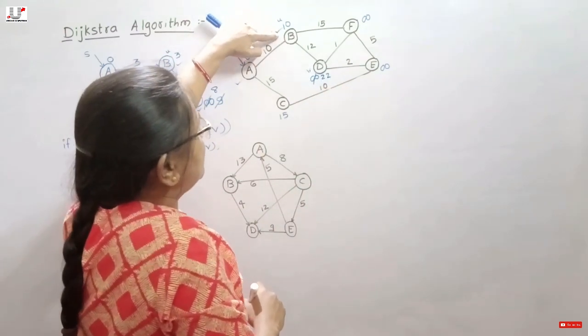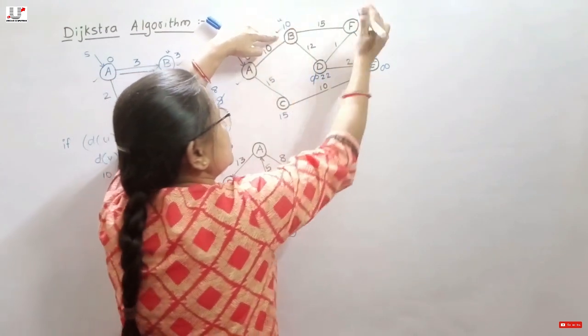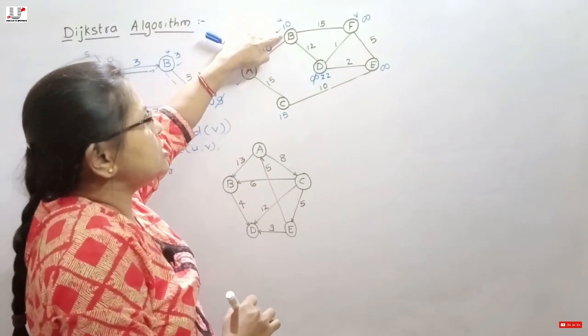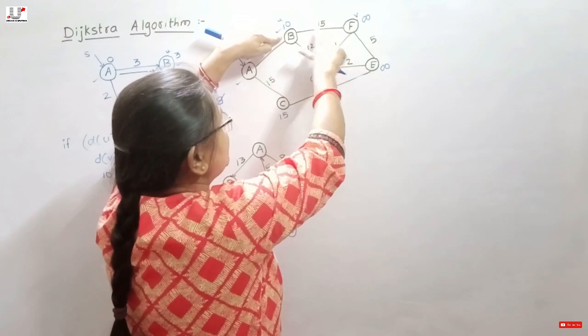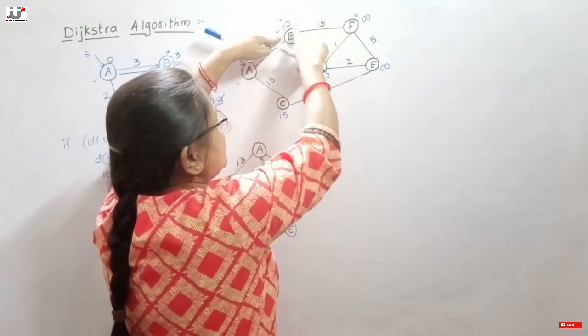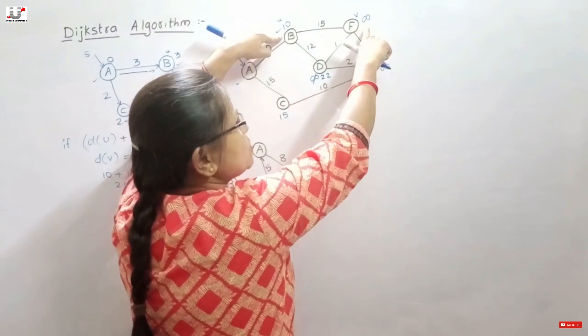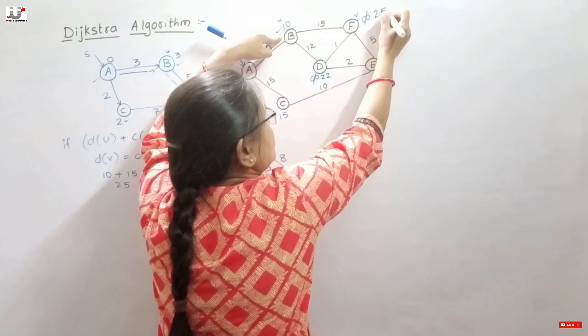Next, again consider this as U and this as V. The distance of U is 10 plus the cost of UV, which is 15. 10 plus 15 is 25, and 25 is smaller than infinity, so replace that infinity with 25.